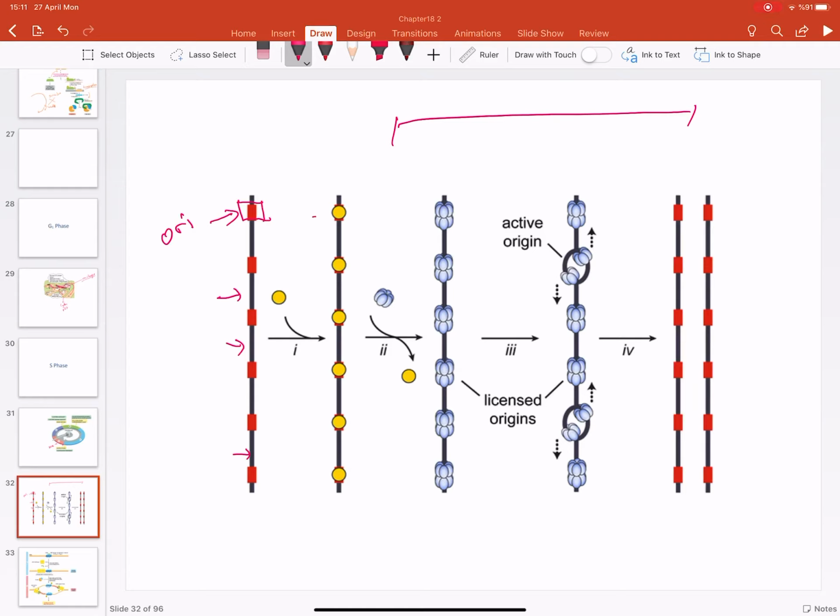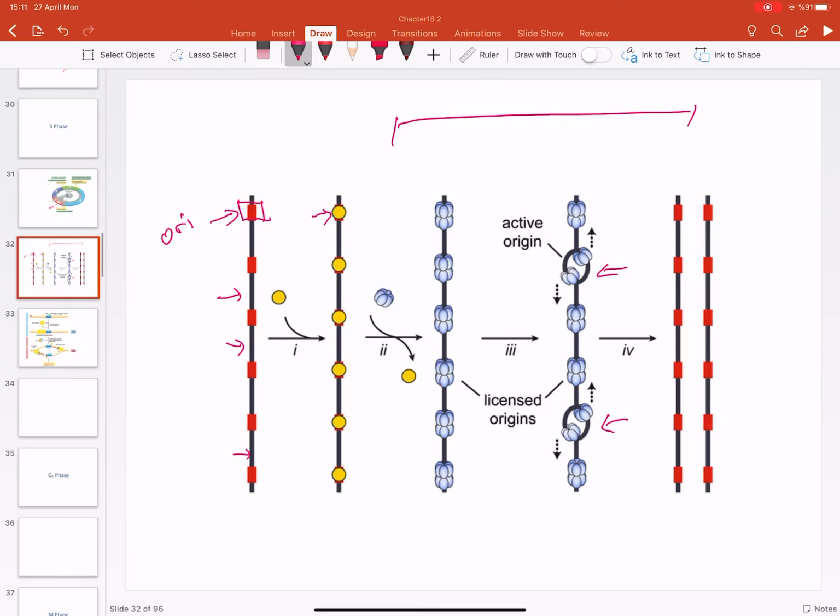These origins of replication are the regions where DNA replication will start, and they don't always start at the same time. Maybe some of them are going to be induced earlier, some of them later, but S phase will not finish before all of them are replicated.